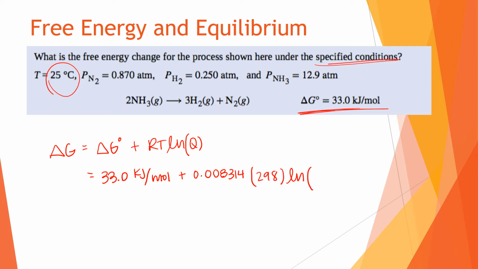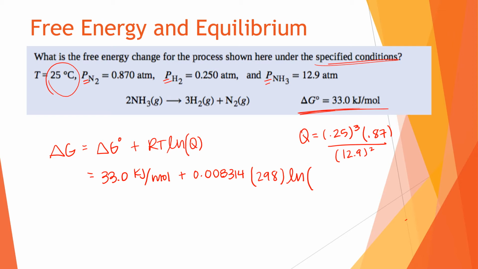Now I have to calculate Q. In this case, it's going to be using pressures because that's what I'm given. Products over reactants. So the pressure of H2, which is 0.25 cubed, times the pressure of N2, 0.87, divided by the pressure of NH3 squared.